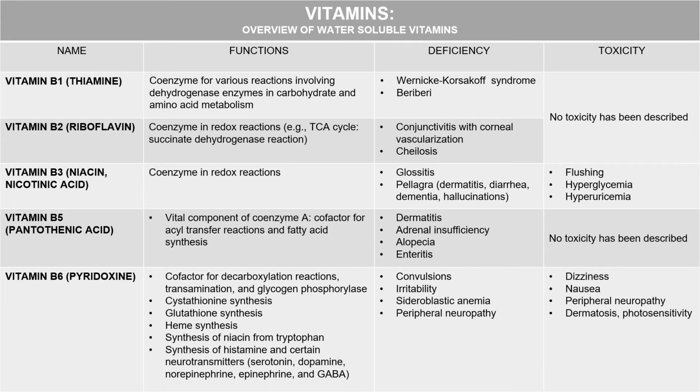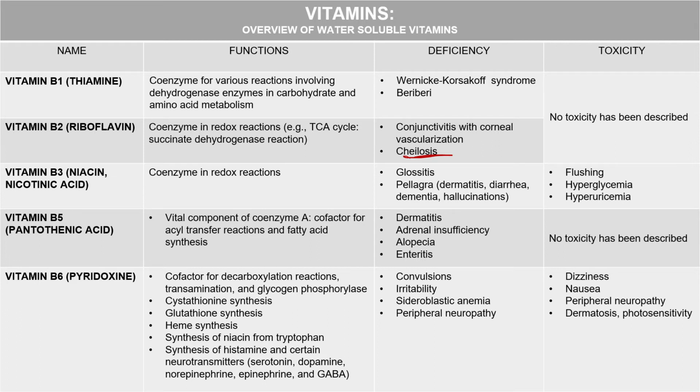Dermatitis is a rash on the skin. Glossitis is swelling or redness of the tongue. Diarrhea is diarrhea. And cheilitis is skin breakdown in the corner of the lips. We're not going to go through all of these vitamins, only some of them. Very important, vitamin B1.